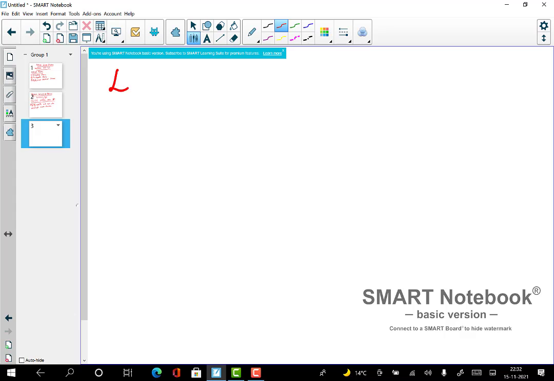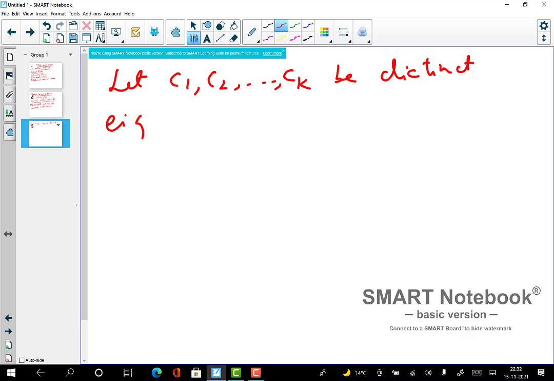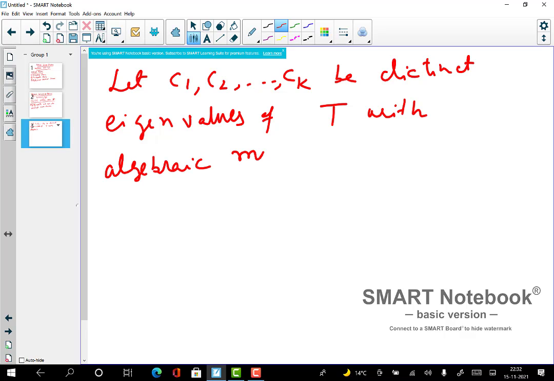Let c1, c2, ..., ck be the distinct eigenvalues of T with algebraic multiplicities M1, M2, ..., Mk.